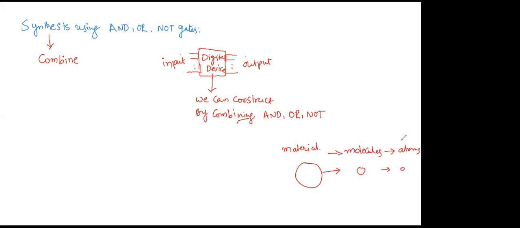So from the atoms we can build any material. Similarly, by using AND gate, OR gate, NOT gate, you can build any digital device.